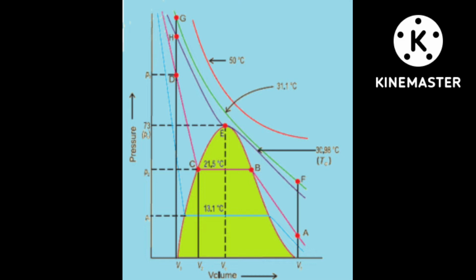If you apply high pressure, the molecules will come closer to each other. And second, because gas is always in movement, we have to slow down their movement. How is that possible? By decreasing the temperature.